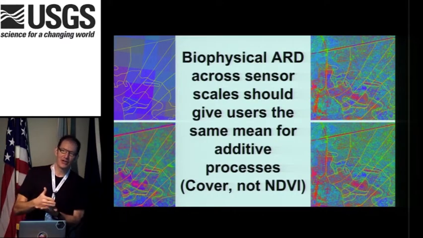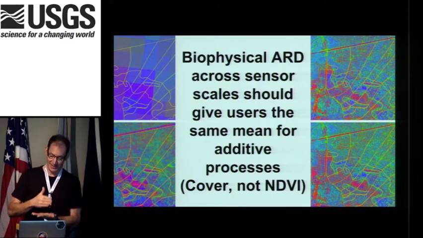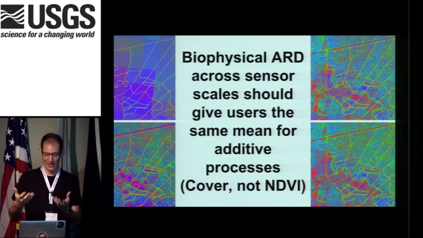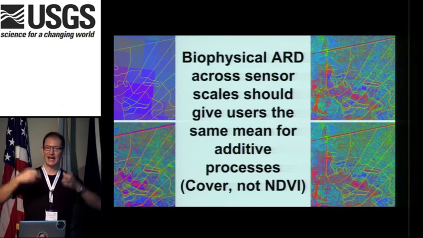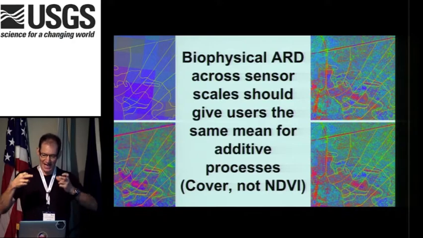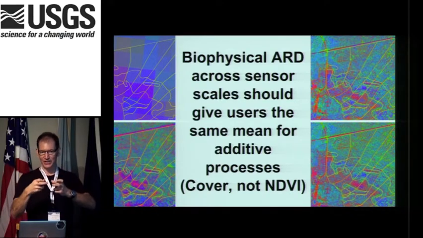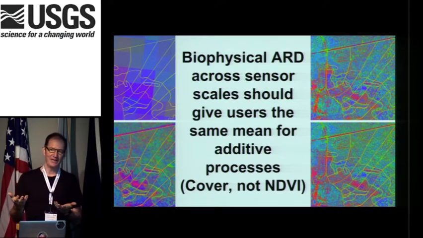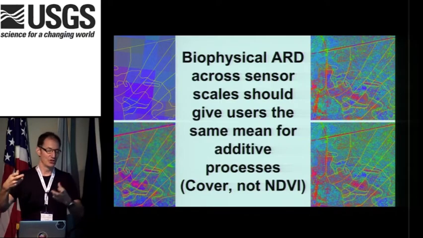And the thing is, when you've got a biophysical product, it gives you the same mean across different pixel sizes. So cover can scale linearly. You can get the mean of cover within a Landsat pixel of the planet underneath, and you should get the same answer. Whereas you can't with NDVI because it's not a proportion.